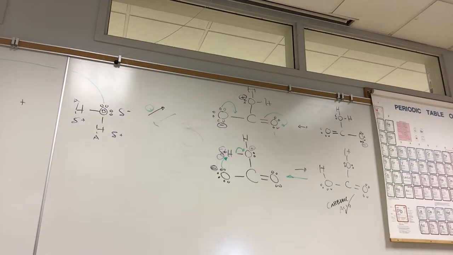I didn't bring a straw, but let's say you have a light pink color, and the light pink color disappears in your acid-base titration. You didn't do anything. You didn't touch it at all. Why did the light pink color disappear?